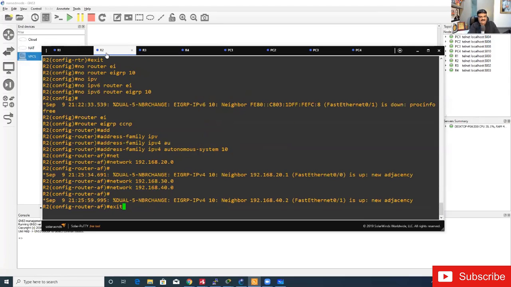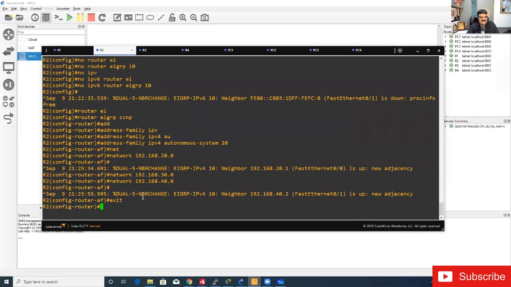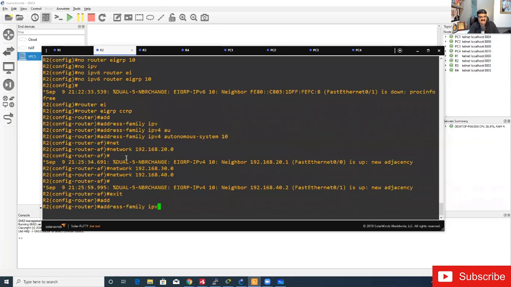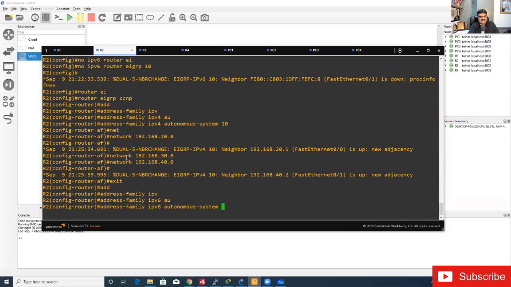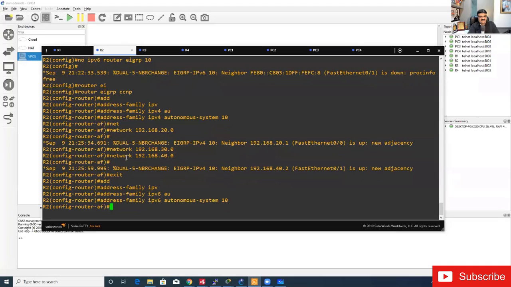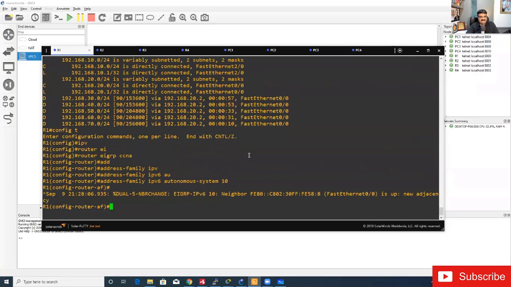Now, if you are already in the EIGRP configuration mode, you will find you are in the address family. So if you give the command exit over here, now I am in router EIGRP CCNP. Now what I am doing: address family IPv6, autonomous system number, and I'm using the same 10.